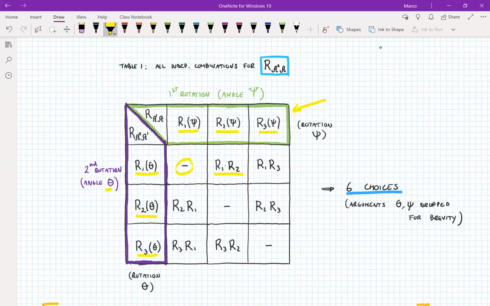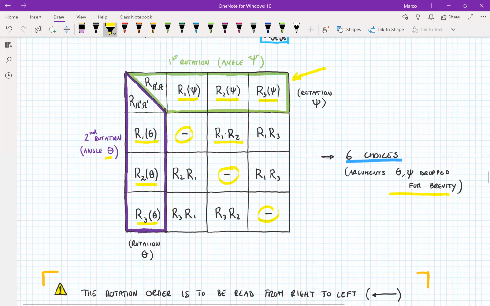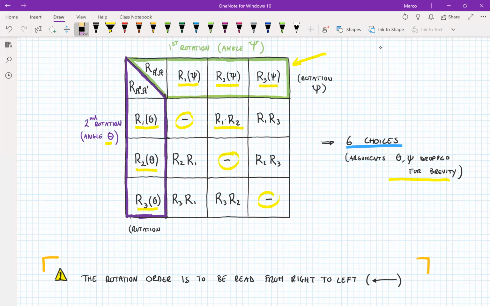And you see that we can complete the whole table. And so we have three cases in which the rotations are not independent, and the remaining six cases give us different, unique sequences of rotations that will take us from reference frame A to reference frame A double prime. So we have six choices. And in the table, I've dropped theta and psi as arguments just to avoid making things too cluttered.